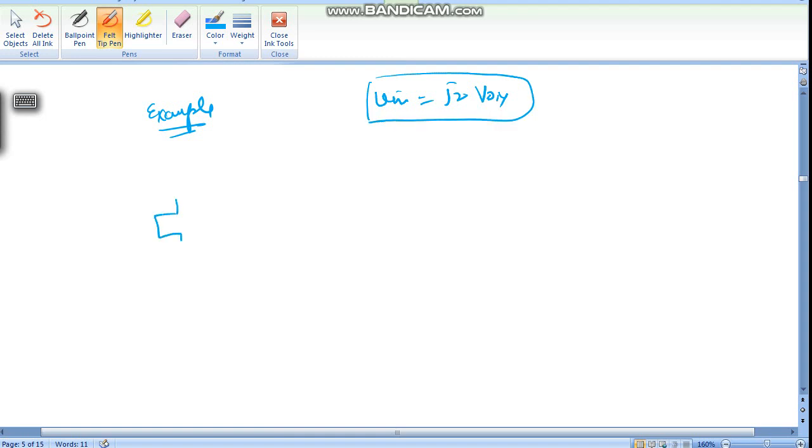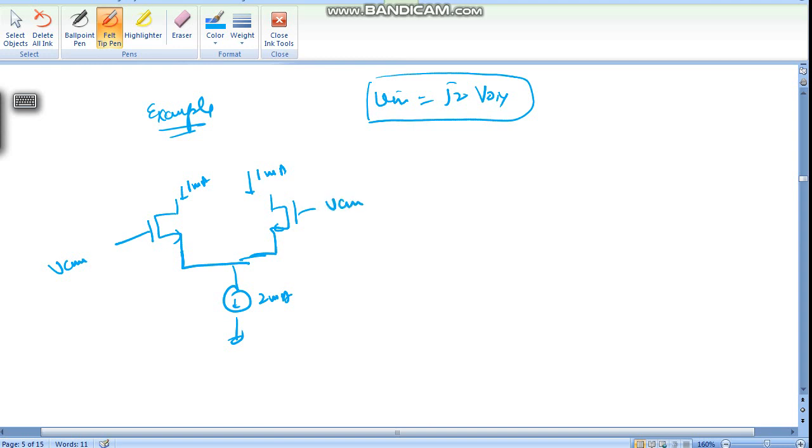Suppose we have a diff pair, and say the current flowing is 2 milliampere here, and 1 milliampere, 1 milliampere in the branches, and say this is VCM, this is VCM. Here the input voltage Vin is 0. So if we write VCM plus Vin by 2 and VCM minus Vin by 2, here Vin is 0.